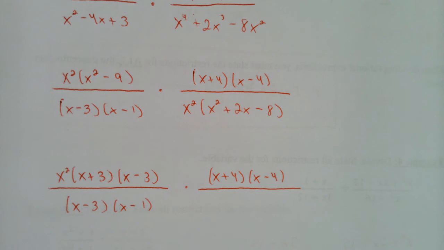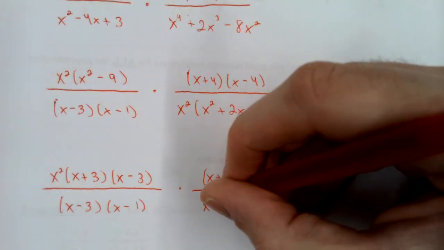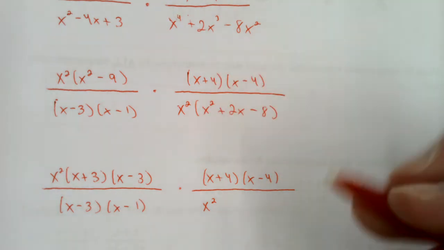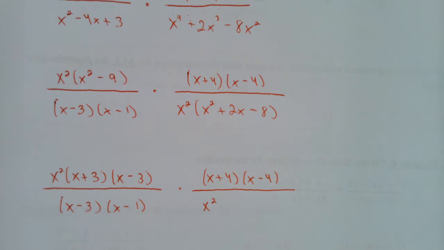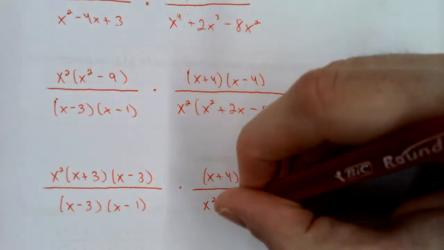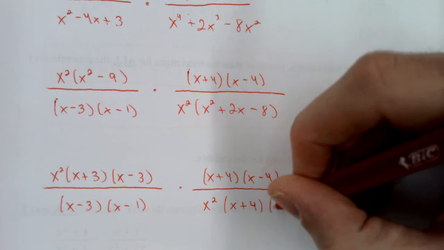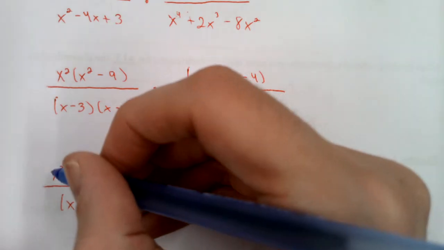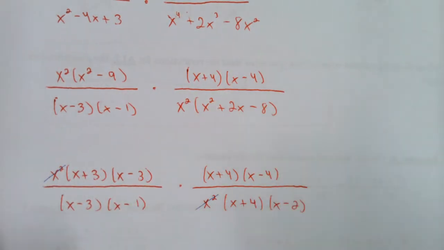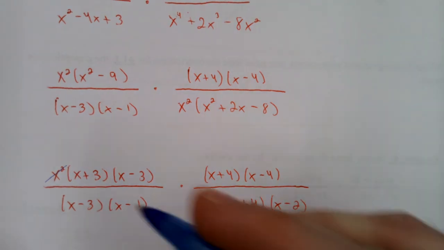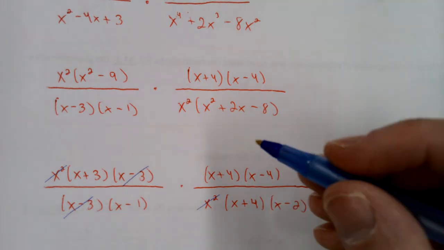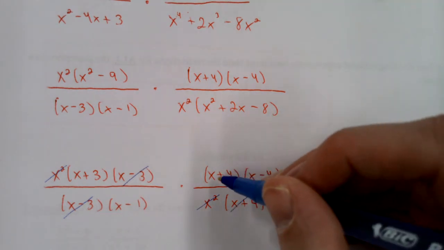And the bottom right, the x squared stays, but in the parentheses you have to factor: what two numbers multiply to negative 8 and add to positive 2? x plus 4 times x minus 2. Now let's divide out the common factors. This x squared can divide out with that x squared. This x minus 3 can divide out with that x minus 3. And this x plus 4 can divide out with that x plus 4.